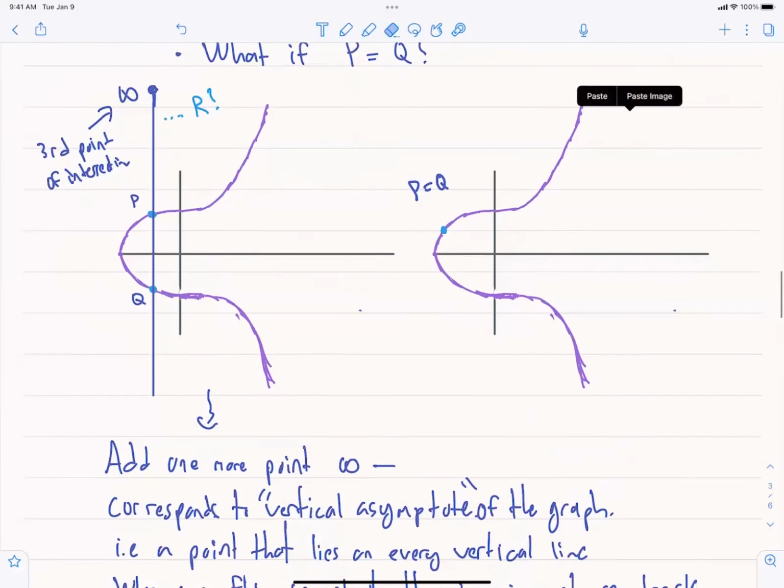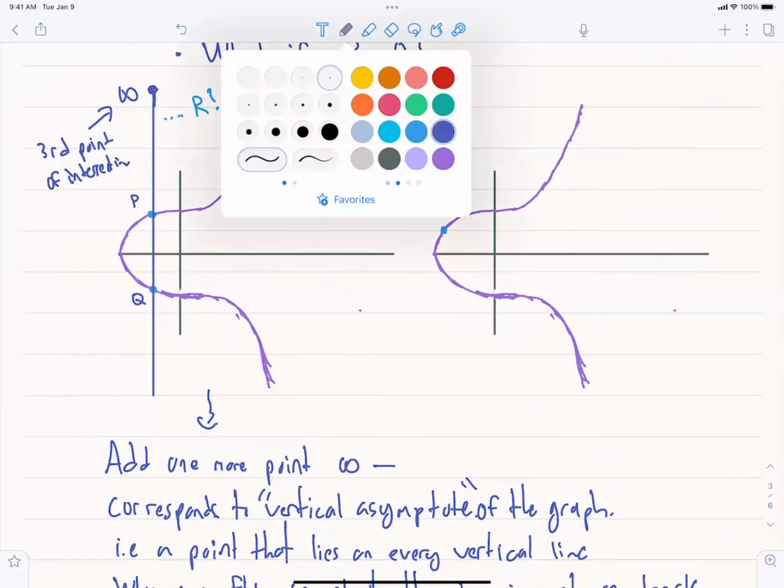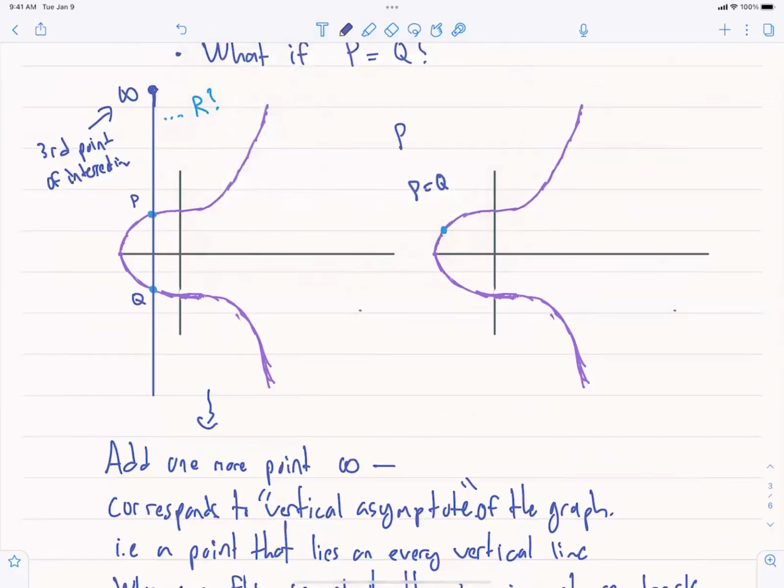The other thing we had to do was understand how to extend this rule when P is equal to Q. So how do you compute P plus P? Well, what we do is, if you took points closer and closer to this, so you took points that were nearby and drew the line between them, as your points got closer and closer, those lines would be approaching the tangent line to the graph at this point.